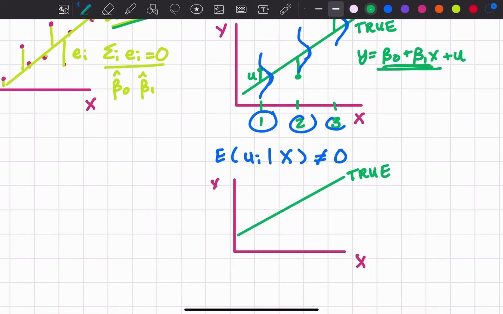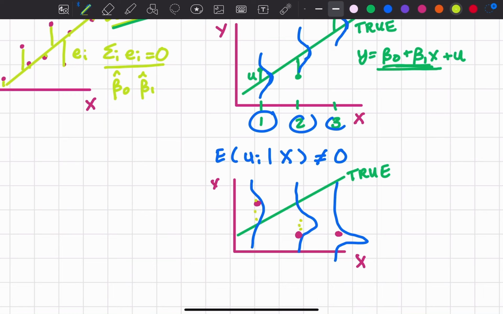And suppose that the distribution of U is not centered on that line of best fit here, or here, or here. So we're going to get values for U that are maybe something like this, and then this, and then this. And every time we estimate this model, U could kind of dance around, but it's only going to be in this distribution.